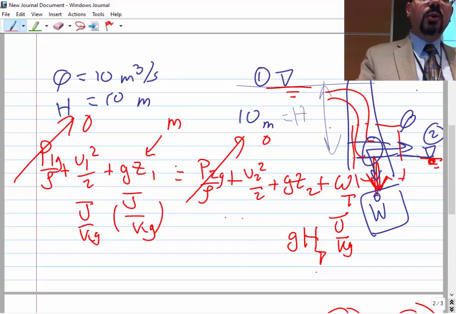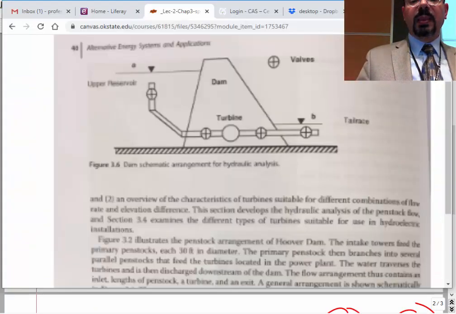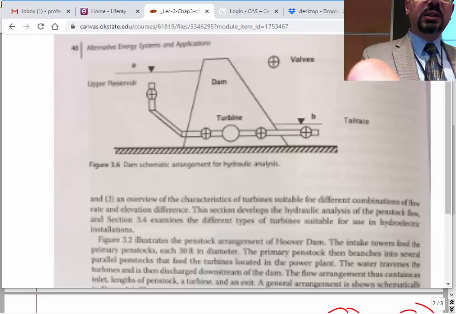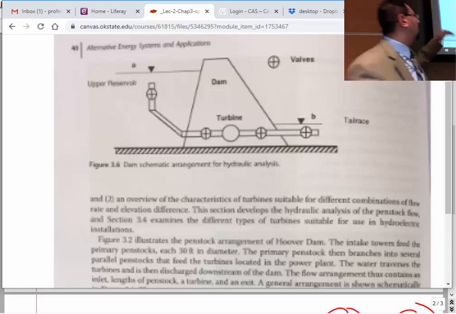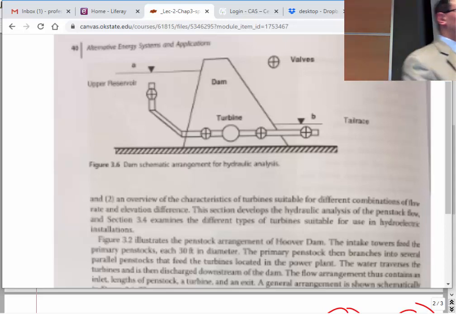Okay? Furthermore, V1 squared is also 0. What is V1? That is the velocity at the top over here. Okay? And so why is the velocity here 0? Isn't the surface dropping? In case the lake is confined.